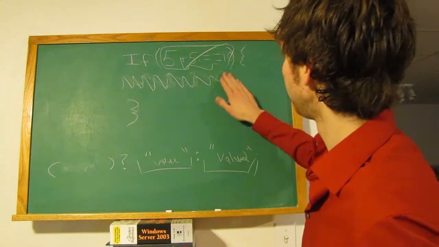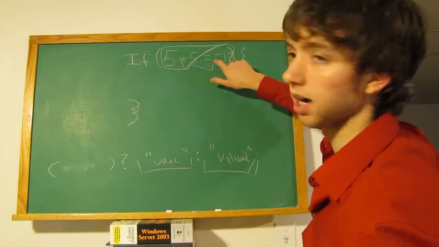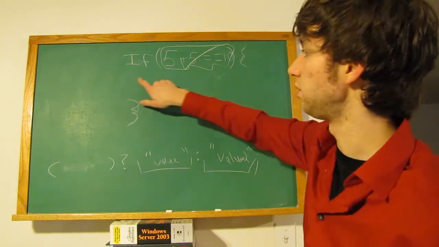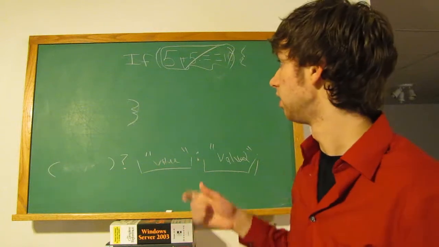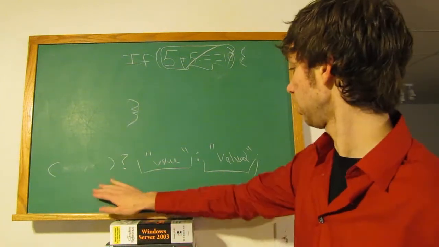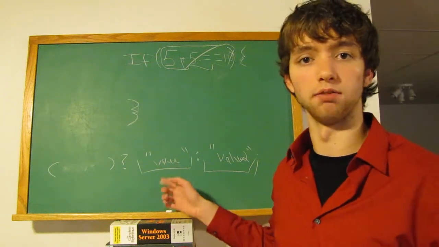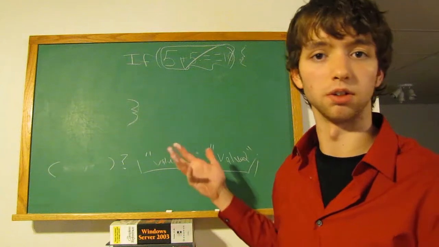But you see, if I have an if statement like this, if 5 plus 5 is equivalent to 10, do this. Oh, well, there's nothing there. So this is not going to do anything. It's not going to assign any values, it's not going to return anything. But the ternary is going to return a value here or here. This one, we have to specifically tell it to return a value.